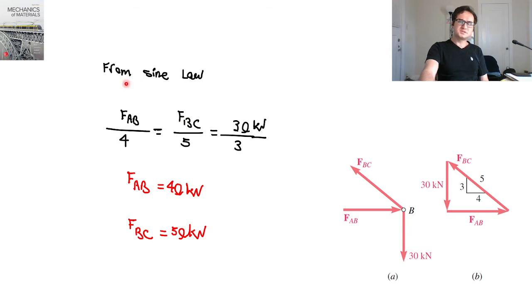Based on the sine law, if we create this triangle including FAB, FBC, and 30 kN, which is provided in the problem statement, you can easily say FAB over 4 is equal to FBC over 5, which is equal to 30 over 3. It simply gives you the numeric value of both unknowns, the force at AB and the force at BC.